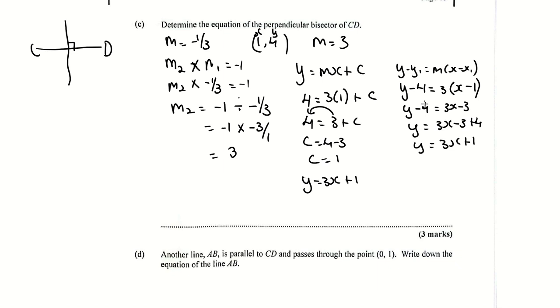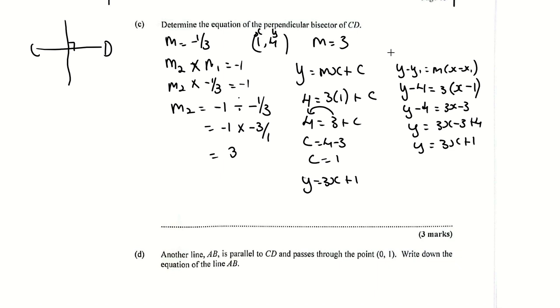Are we good so far? Yeah. If you want to use this formula. Correct. This is just a formula to get this. So there are two ways. You can do this way: you substitute your values to get c, and then you put it in the format y = your gradient x plus whatever c is equal to.